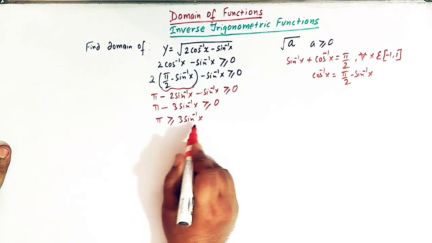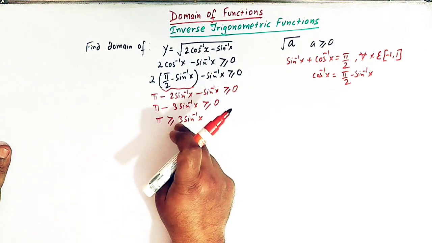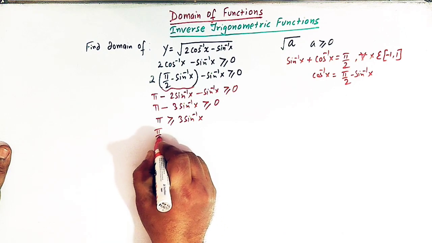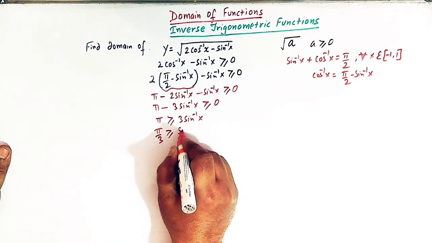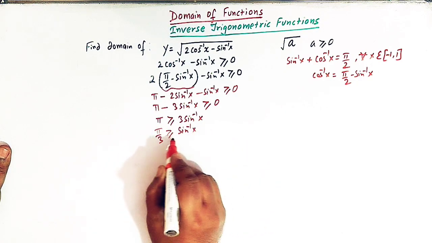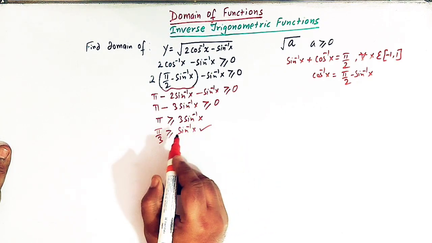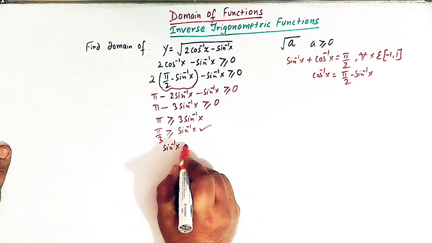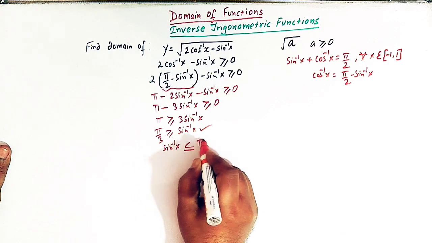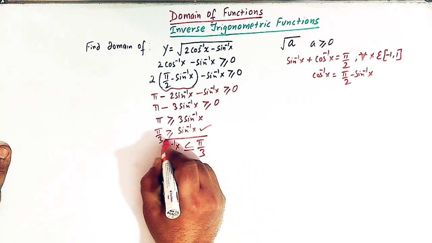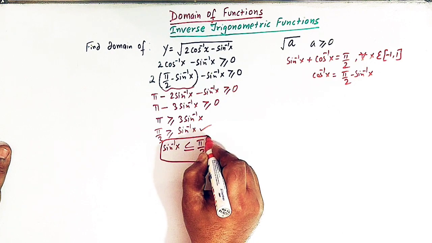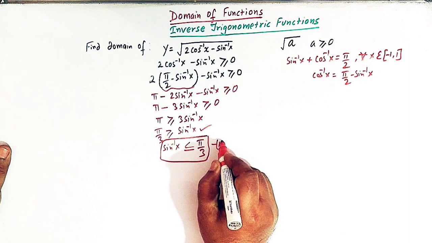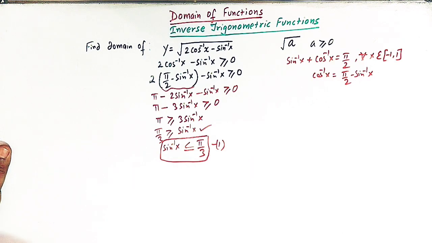Let us rearrange the terms: taking the 3 into the denominator of pi, we have pi over 3 greater than or equal to sine inverse x. We can also write this inequality as sine inverse x less than or equal to pi by 3. This is an important step in this problem. We call this inequality number 1.